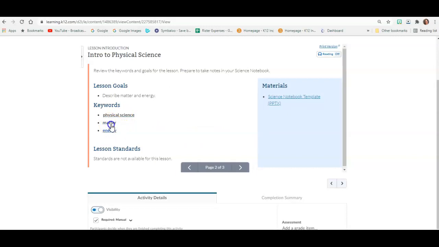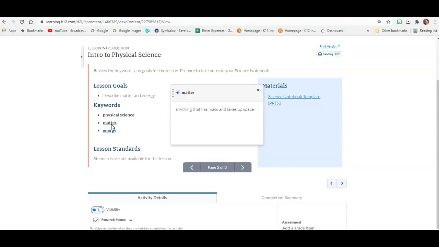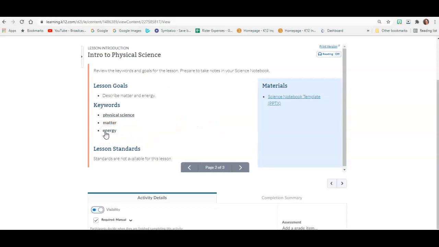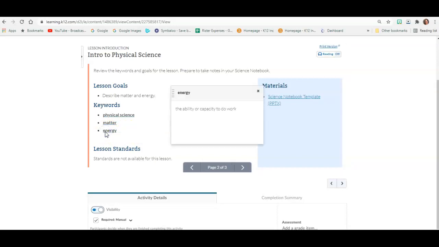The next one is matter, anything that has mass and takes up space. And the keyword energy, the ability or capacity to do work. Remember, you're getting the science notebook template, so you can add this to your existing, or you can add a slide like we have done before.